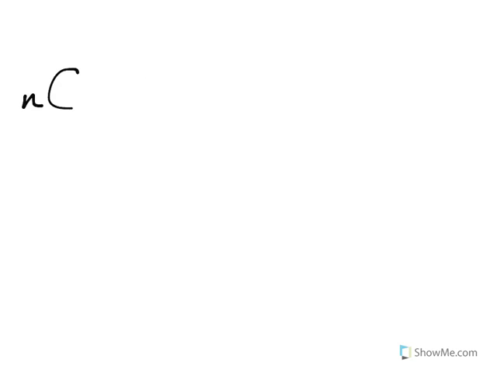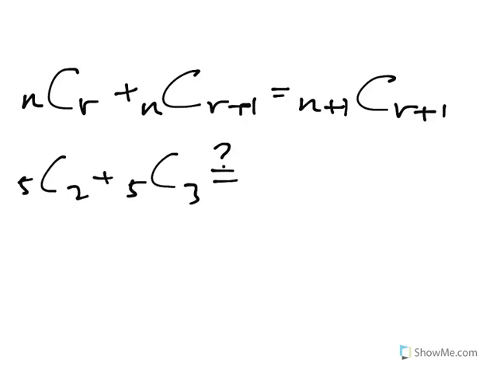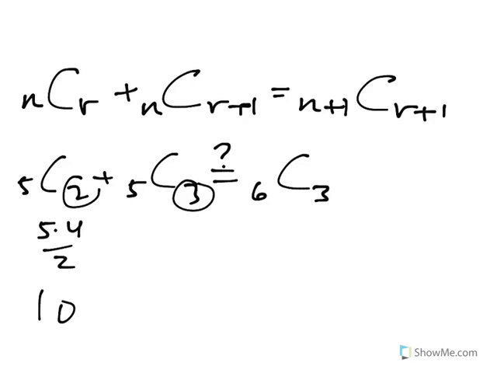A final property of combinations is nCr plus nC(r+1) equals (n+1)C(r+1). This one's going to take some explanation. First, let's just see if it even is true for any example. 5C2 is 5 times 4 over 2, which is 10. 5C3 is the same thing as 5C2, because 2 plus 3 is 5.